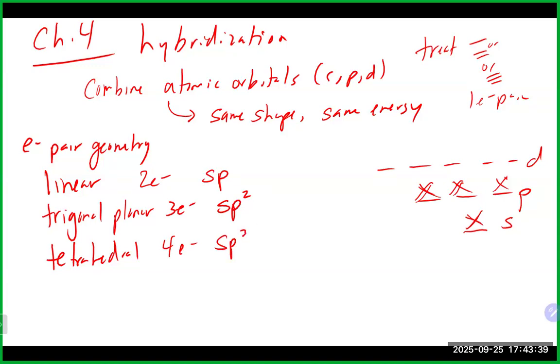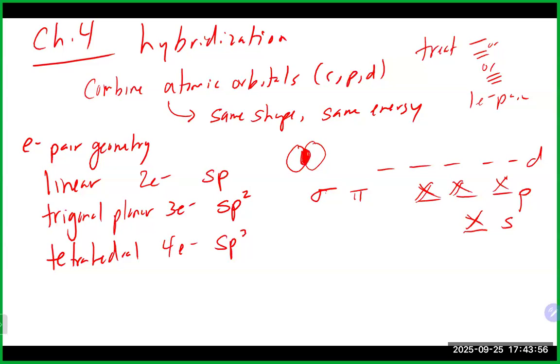We also talked about sigma bonds and pi bonds. Remember, sigma bonds are head-to-head overlap of those orbitals. Badly drawn there, but they go straight at each other and overlap in this region.